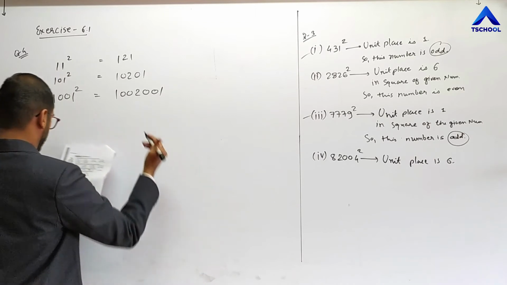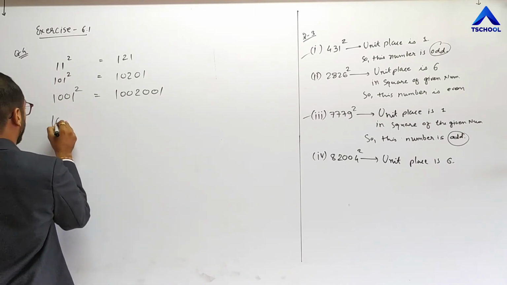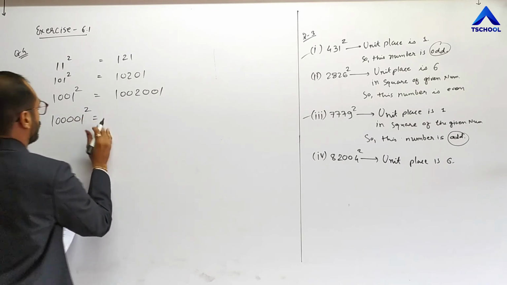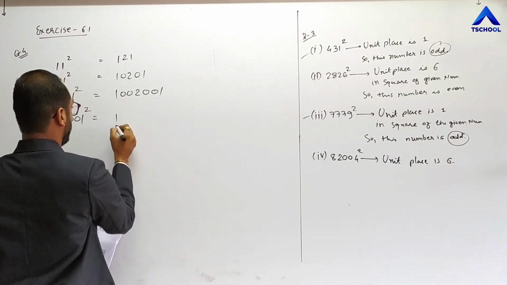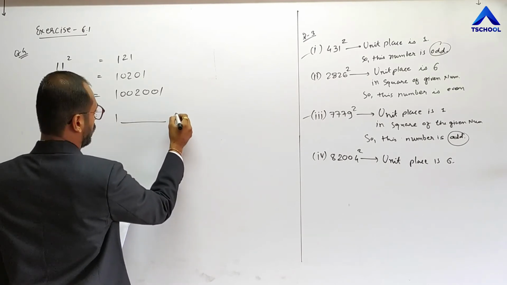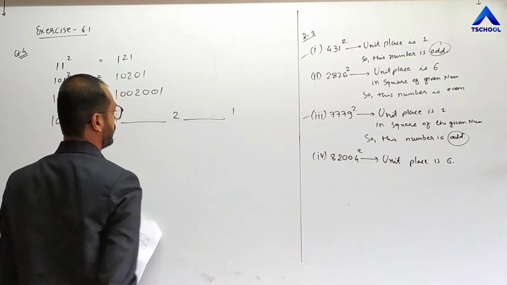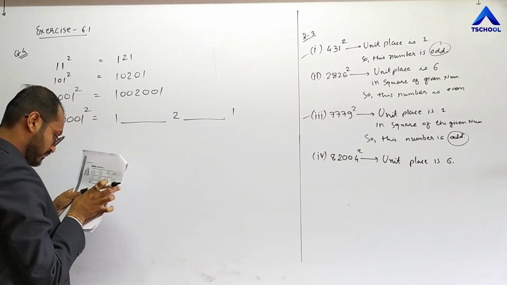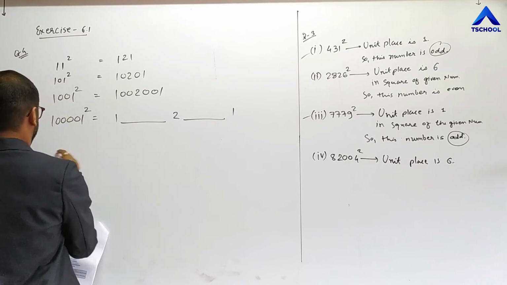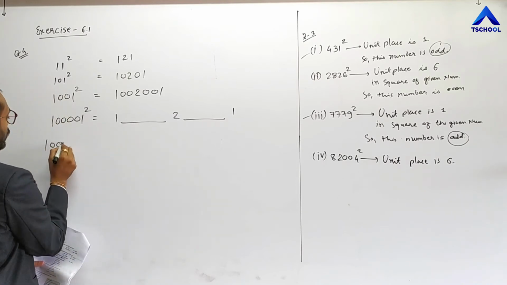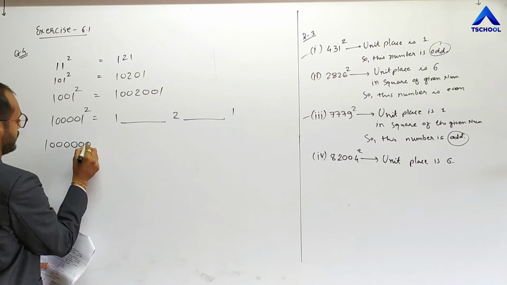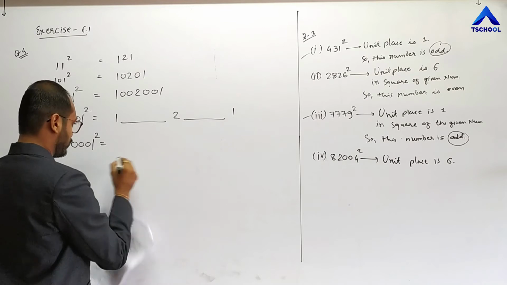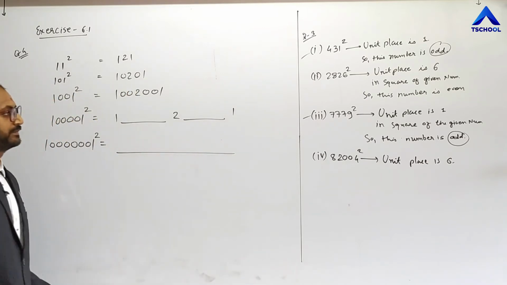And then what is the answer of 1000001 whole squared? That means 1, blank, 2, blank, 1. How can we obtain it? In the given number there are 6 zeros between the two ones: 1, 2, 3, 4, 5, 6. What is the final answer?